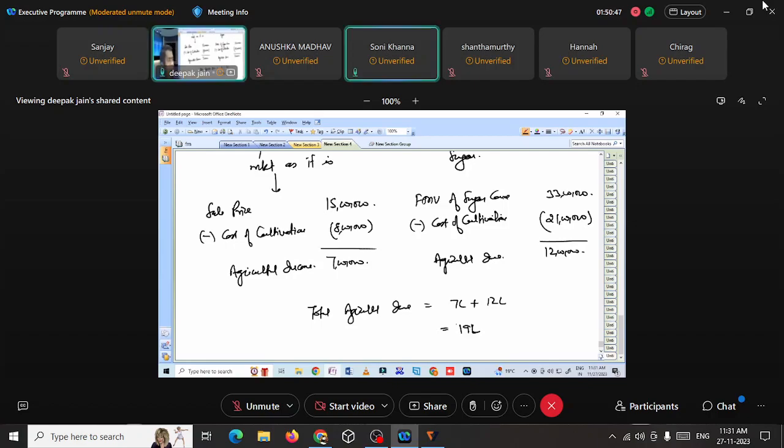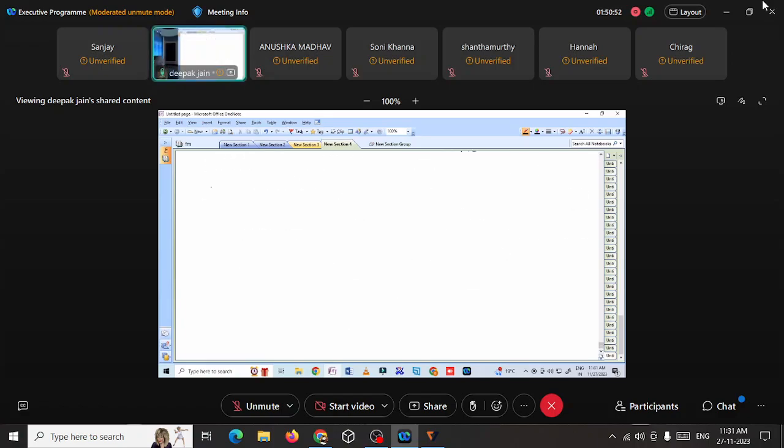Now, as far as non-agricultural income is concerned, what is the sale price of sugar? How much is the sale price? 40 lakh.